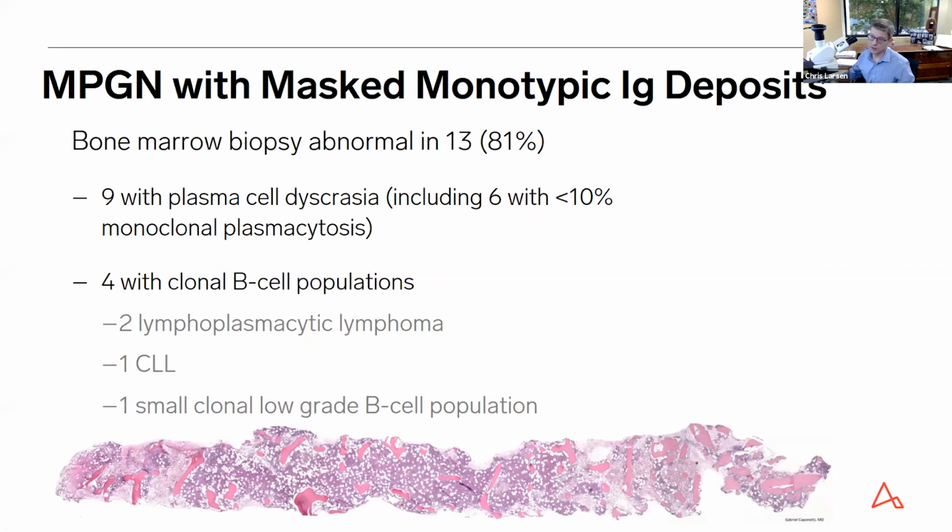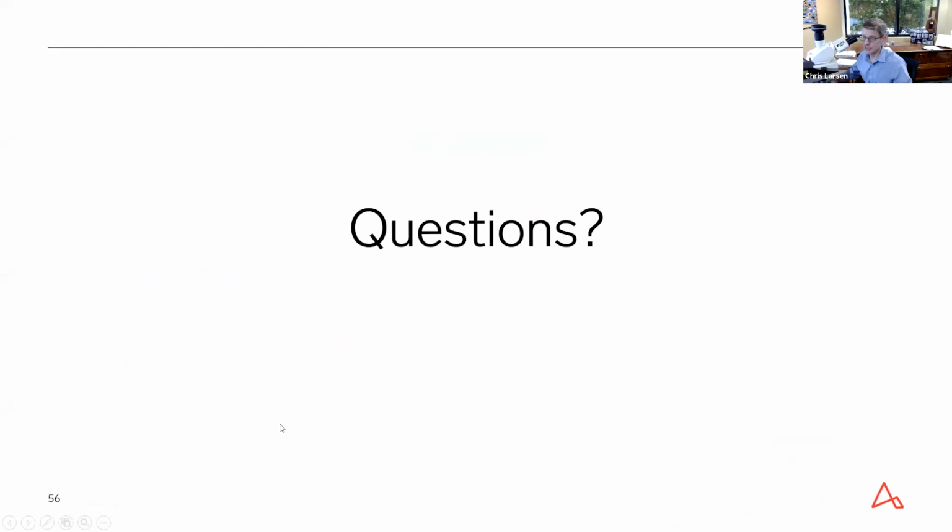So that included a mixture of different types. Okay, so that is that lesion, and I think it illustrates well some of the questions that have come up about when should we unmask and what could you find when you unmask. So I'm happy to answer any questions if there are any.